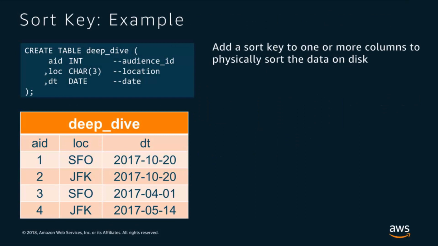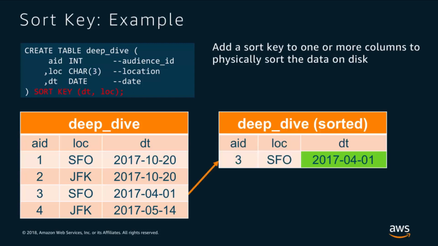Just as an example of how sorting works, this is the same table I've been using in the earlier examples. Let's say we wanted to add a sort key to this table. We can modify the DDL up there, again in red, and in this case I've added a sort key to both the date and the location column. So we're going to sort first by date and then by location.